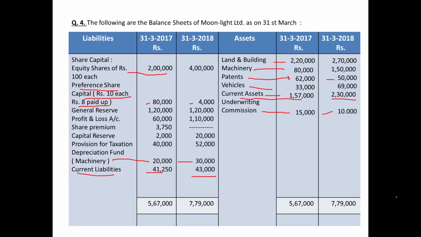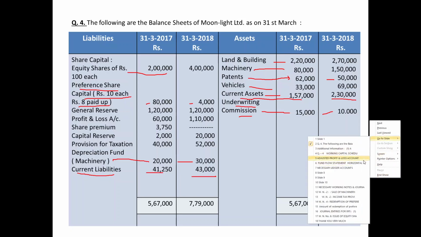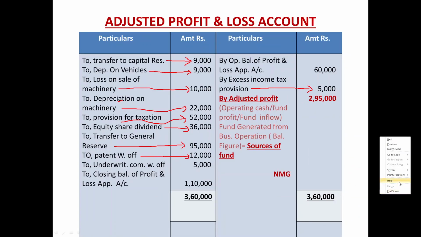A fictitious asset, deferred revenue expenditure, is the nature of underwriting commission. 5,000 has been written off in the current year's profit and loss account. Being a non-cash item, add it back once again in the current year's profit. So left hand side, plus side, underwriting commission written off rupees 5,000.